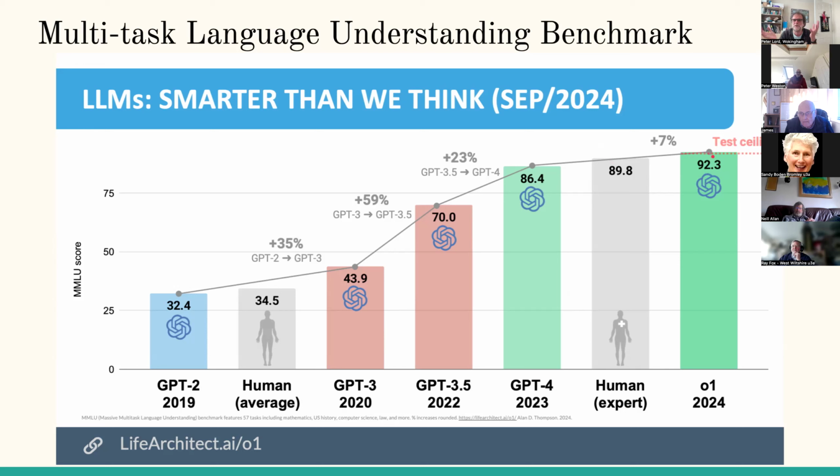Now, here's the thing. This is what you need to bear in mind with these benchmarks. Back in the day, I used to work with IQ tests, and they always used to say IQ tests are really good to measure how good you are at IQ tests. In other words, you could be measuring the length of your foot or anything like that.